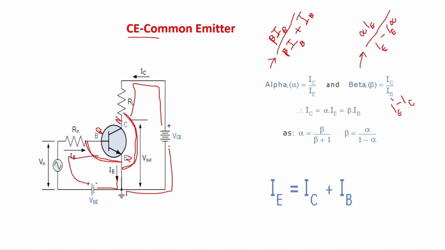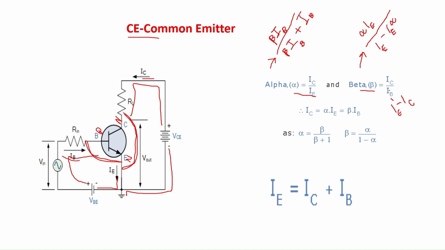We have seen that alpha equal to IC by IE in the previous configuration, the common base configuration. For common emitter configuration, the current gain is denoted by beta and is nothing but the output current IC divided by the input current IB. So it is given as IC by IB.